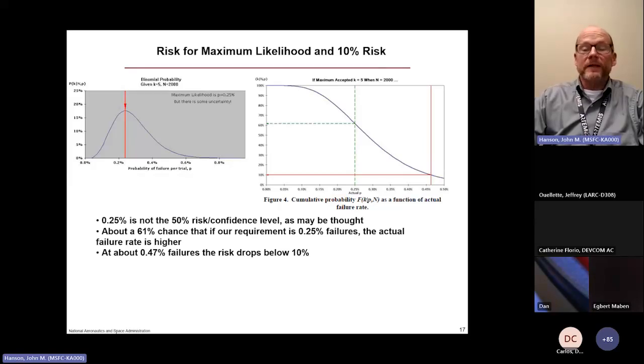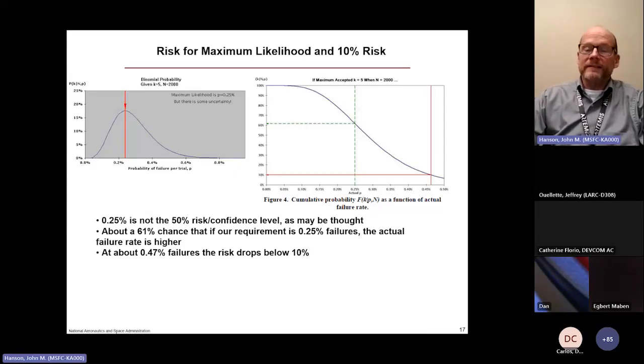If I put 0.25, I said, oh, I think the answer is 0.25 because I saw 5 failures in 2,000 samples. Well, it turns out there's a 61% chance that the actual failure rate is worse. Now, if I go out to about 0.47% here, the chance that the actual failure rate is worse has now come down to 10%.